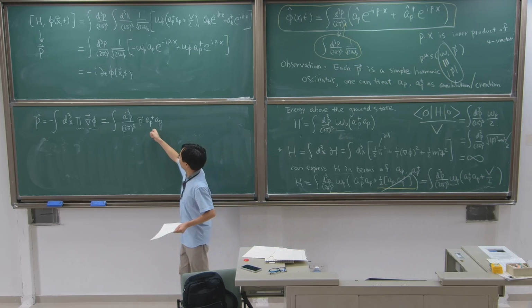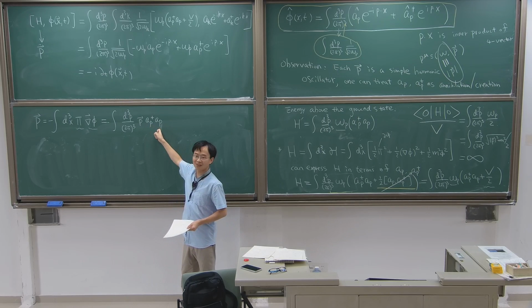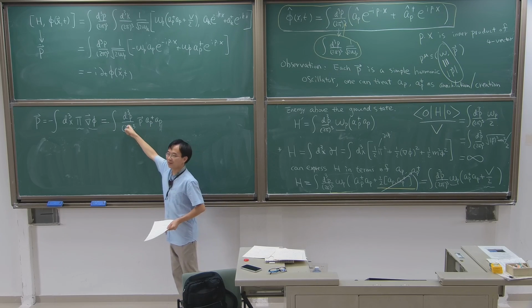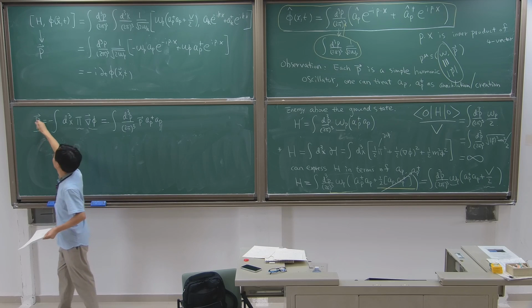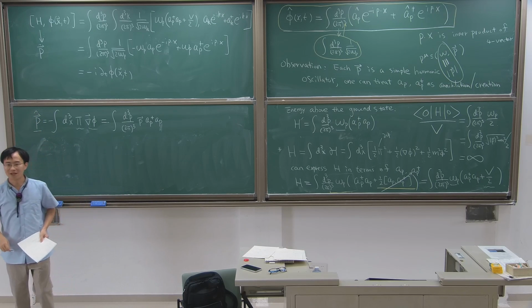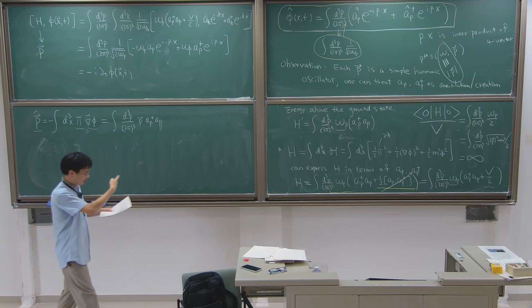Inside this integral, you should think this is just some parameter, and it's not an operator. Only these two are operators, okay? But after this kind of integration, you should treat this capital P as the operator. Okay? Just plug in these two.